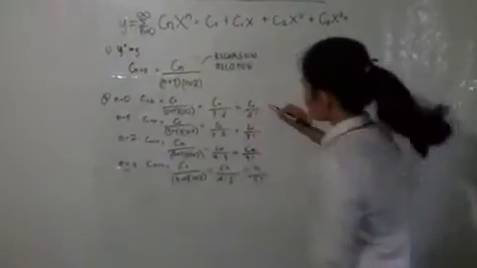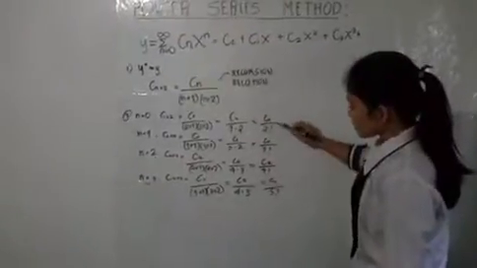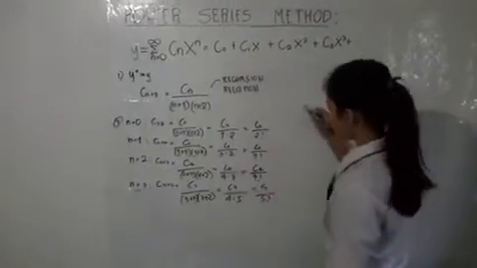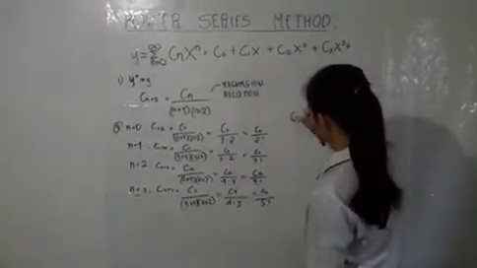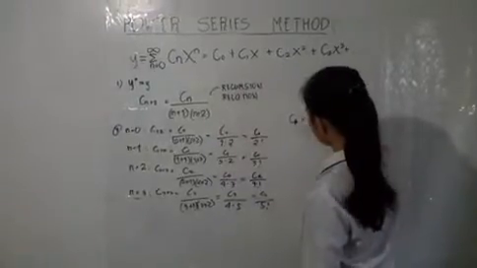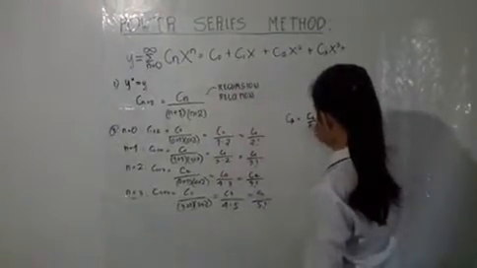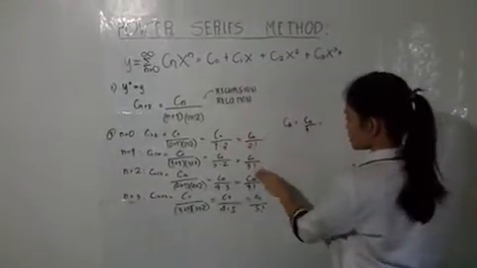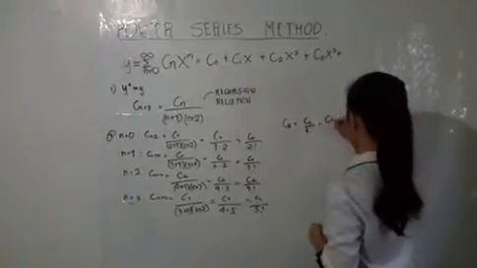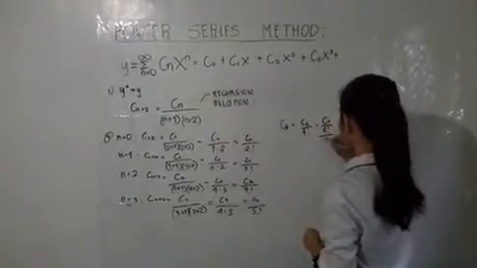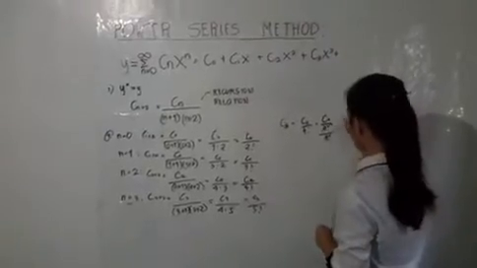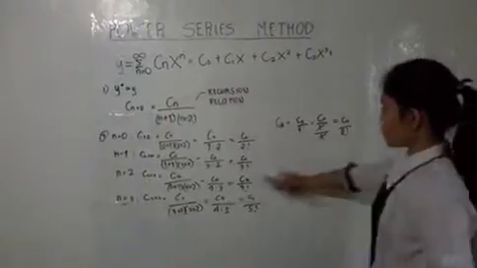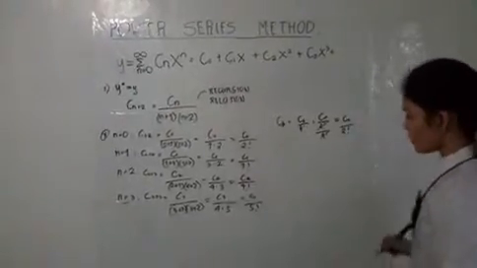Now we notice that c0 over 2 factorial and c2 over 4 factorial will be, if we substitute our c0, which is also equal to c2, equivalent to c2 over 4 factorial.